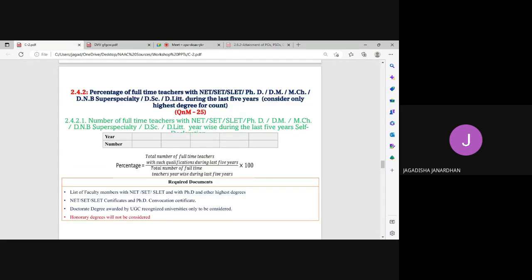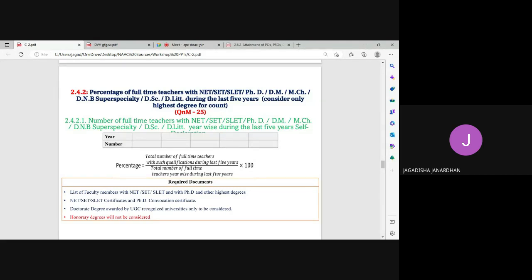So here, the full-time teachers having such qualifications will be taken as the numerator, and the total number of full-time teachers will be considered as the base. And the percentage will be computed.